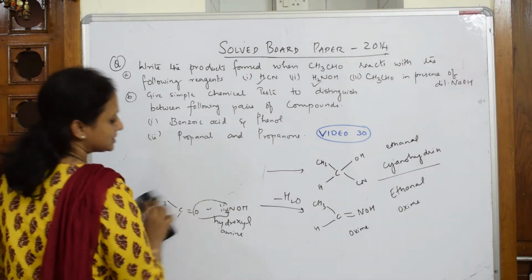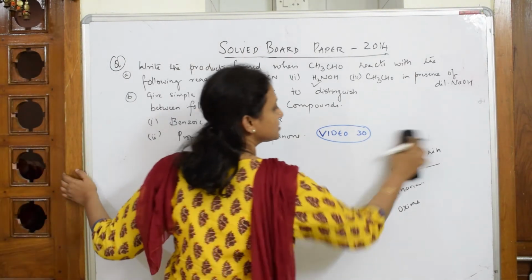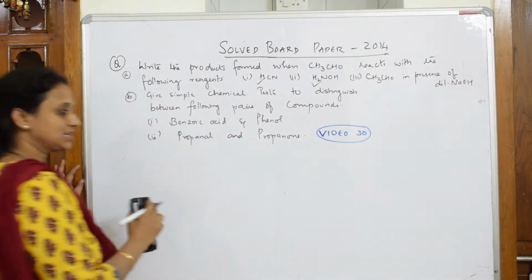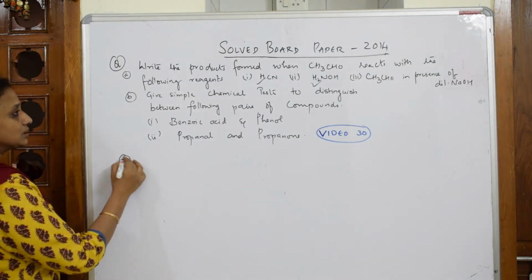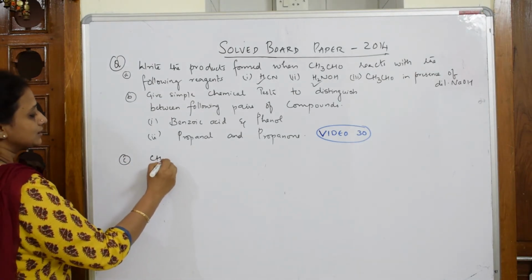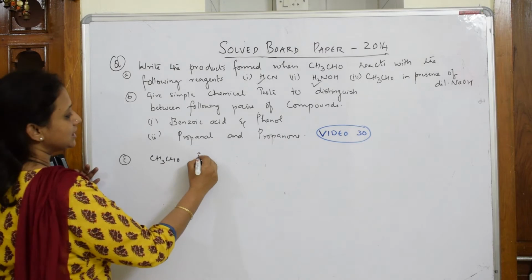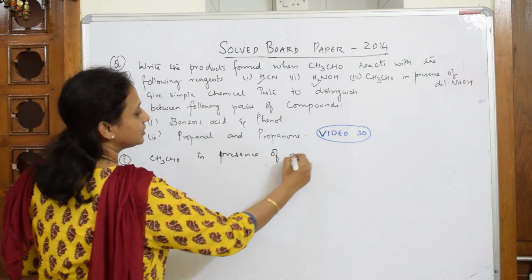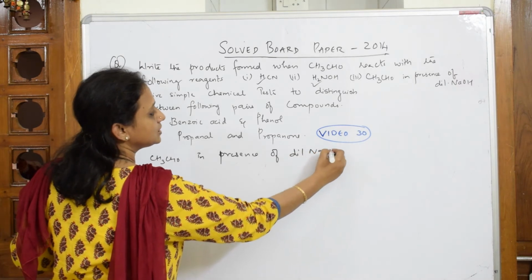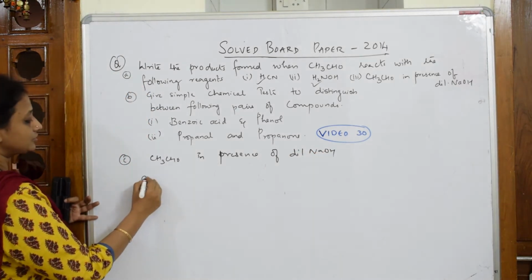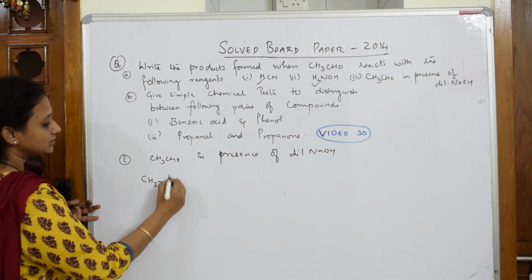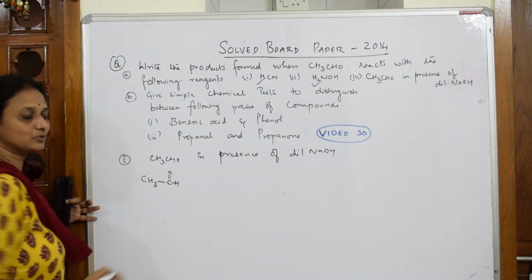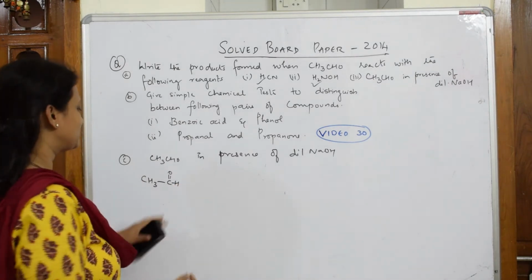Now write down acetaldehyde in the presence of sodium hydroxide. It's the same story again. I'm doing the third one, so I'll copy the question: acetaldehyde in presence of dilute NaOH. Simple, right? First you take acetaldehyde. Those who are watching the video for the first time, I'm showing it again.